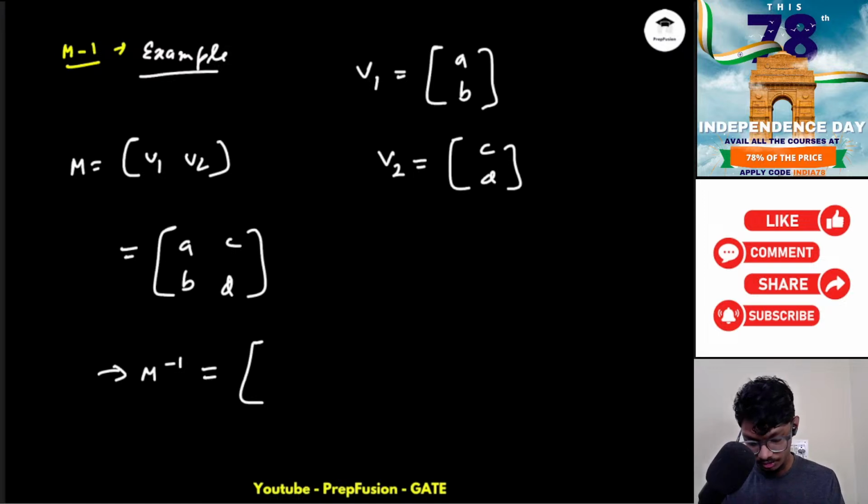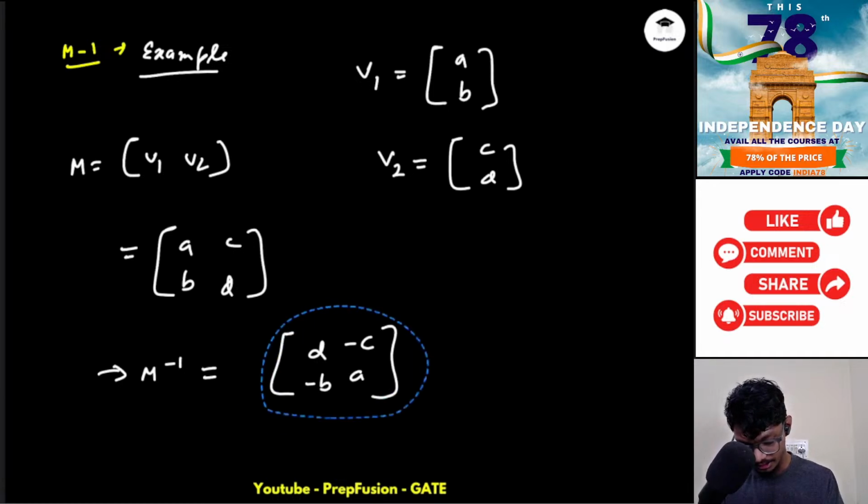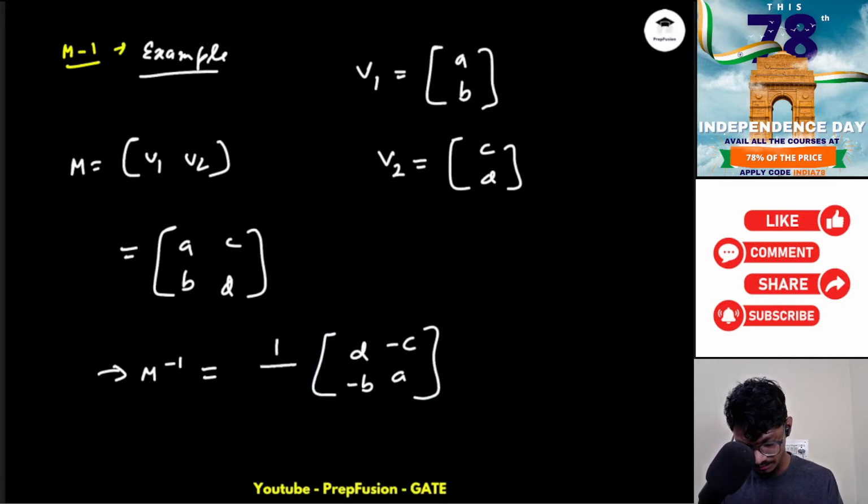That is very simple. I will just swap the main diagonal elements D and A, and the off diagonal elements will be negative, minus C and minus B. And then a factor will also come, that is determinant of M, and determinant of M is AD minus BC. So this is that scalar.